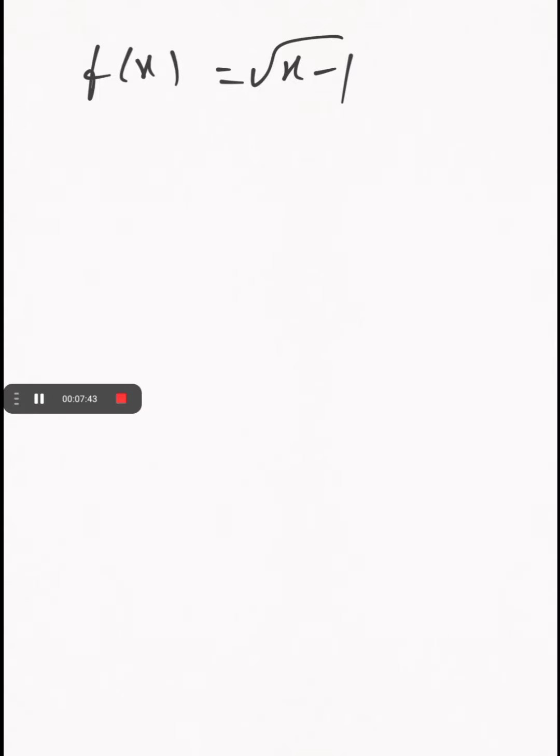If you put x equal to 1 here, then f of 1 equals root of 1 minus 1, that is 0. When x equal to 2, f of 2 equals root of 2 minus 1, that is 1. If you put x equal to 3 here, we get root 2, that means 1 point something. 4 means root 3.